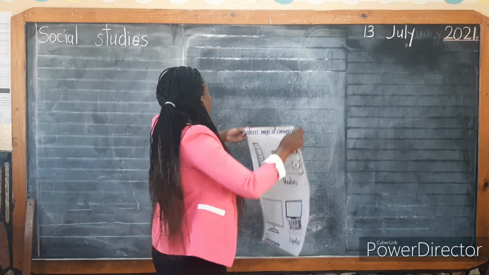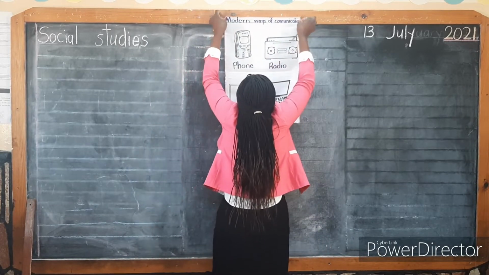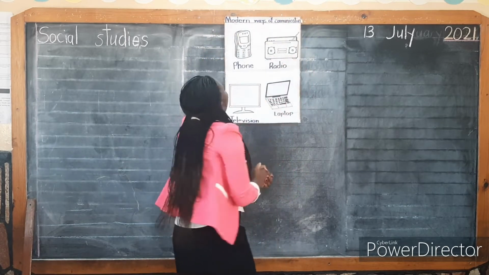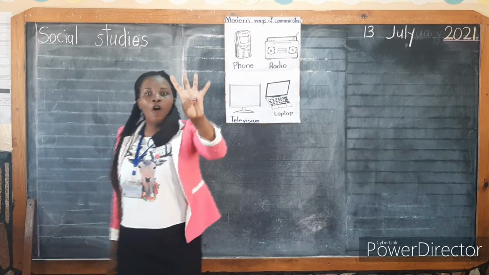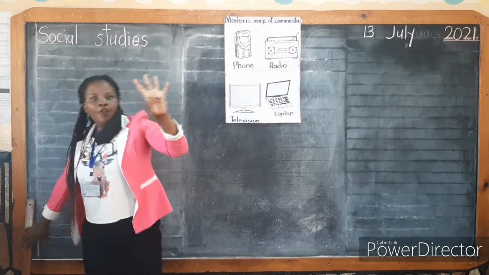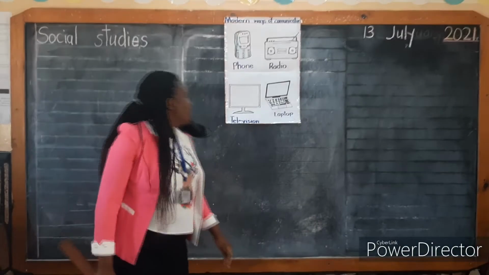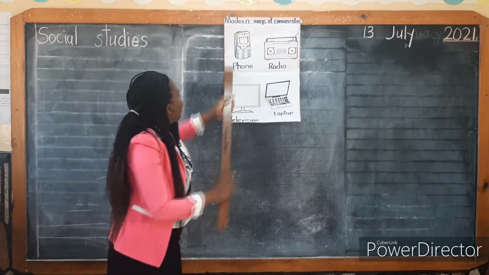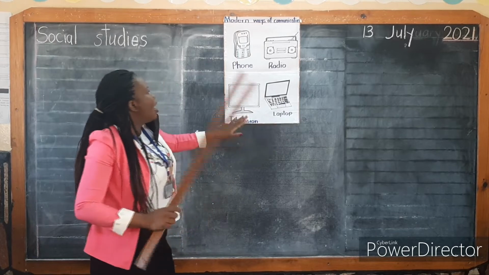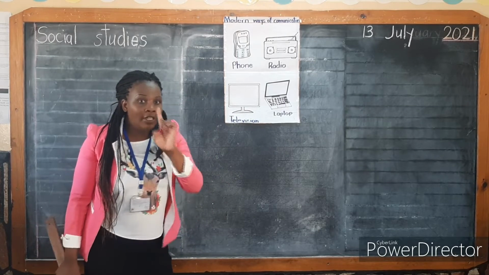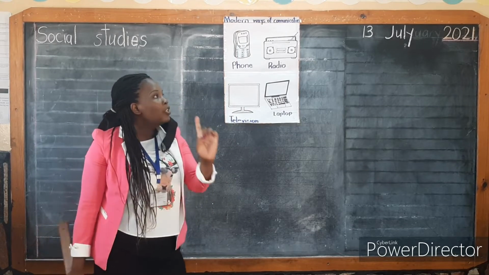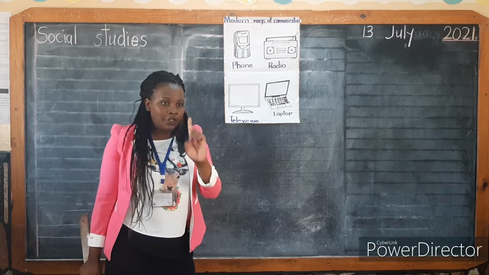Okay? So, on my chart here, I've got four things. These four items are what you're going to look at today, and on each one of them, we are going to talk about how it is used.